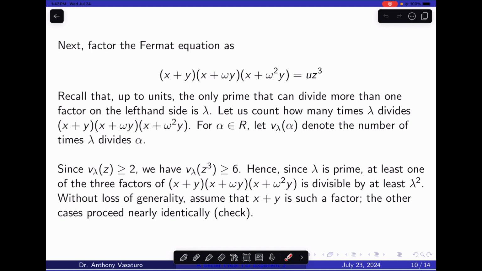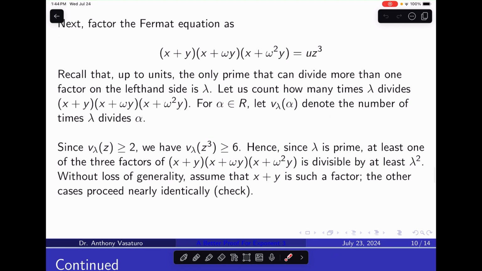Okay, well, if v lambda of z is bigger than or equal to 2, then v lambda of z cubed is bigger than or equal to 6. So in other words, lambda divides z cubed at least 6 times. So lambda divides this side at least 6 times. And because lambda is prime, it has to divide one of these factors at least twice, right? In order for this side to be divisible by lambda 6 times.